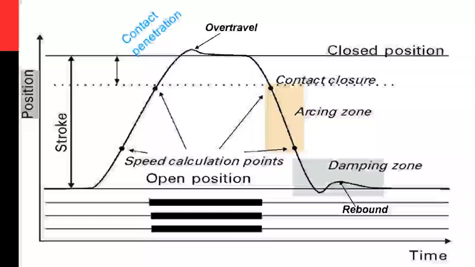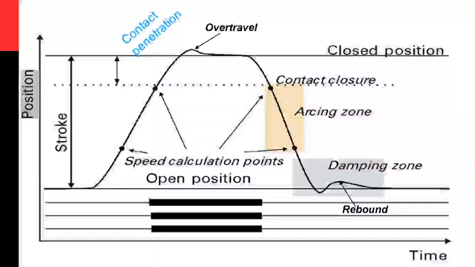Now, if you look at the y-axis and you see that curve that comes up, you'll see there's a resting position when it's open and a resting position when it's closed. So the difference between that resting open position and that resting closed position is the stroke of your circuit breaker.